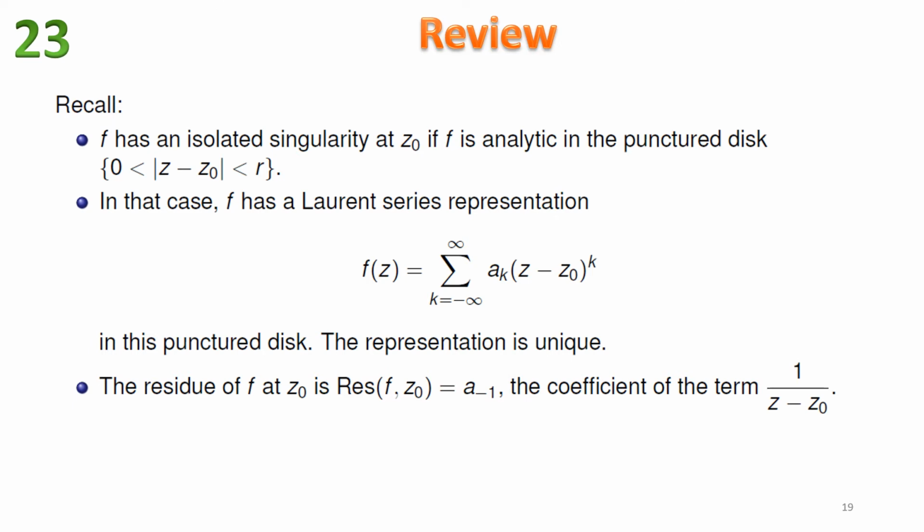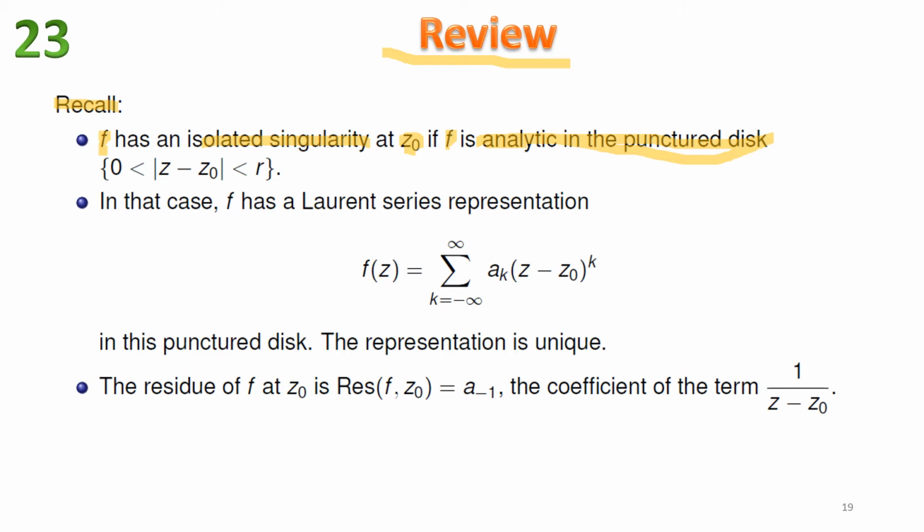Now I just want to quickly review what we have learned. Let us suppose that f is a function that has an isolated singularity at some point z0, and the function is analytic in the punctured disk, meaning the function is analytic everywhere except z0.